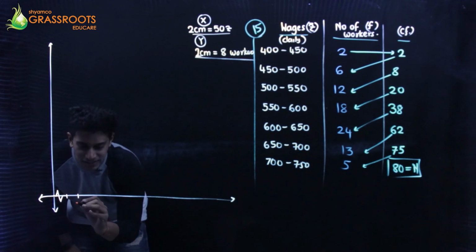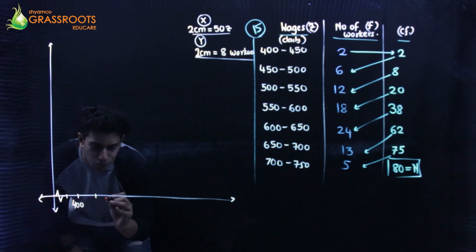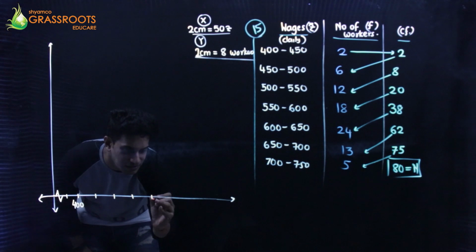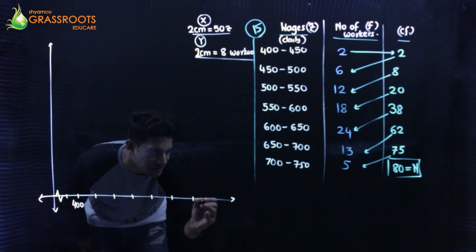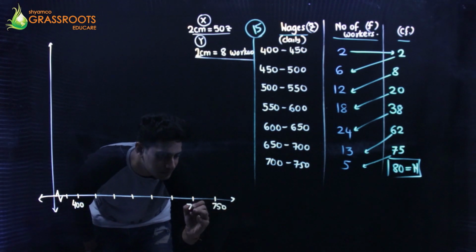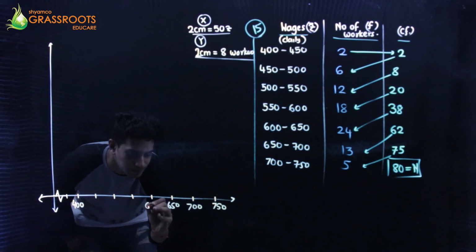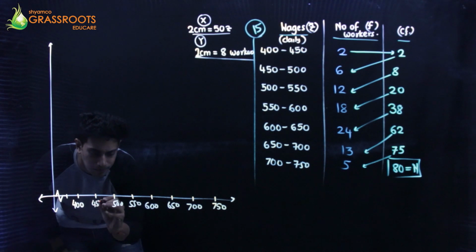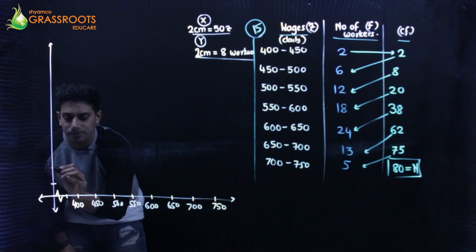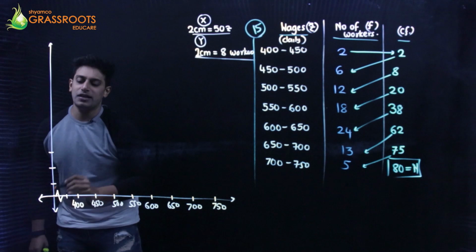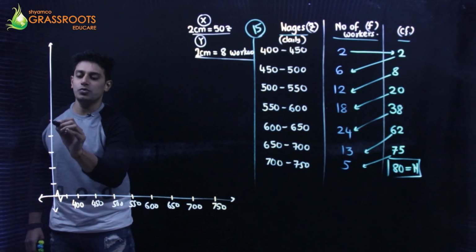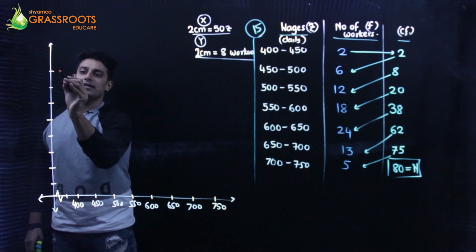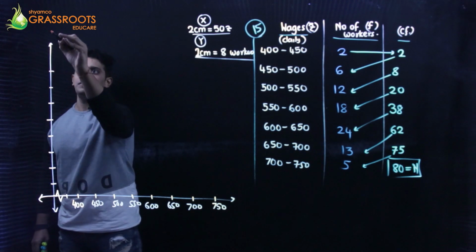So it starts from here, let's say 400, 450, 500, 550, 600, 650, 700, 750. And 8, 16, 24, 32, 40, 48, 56, 64.